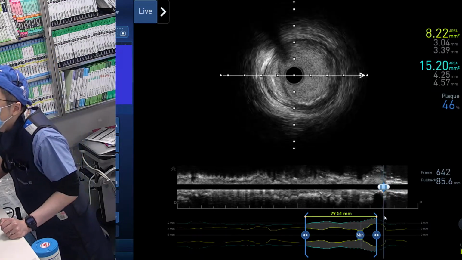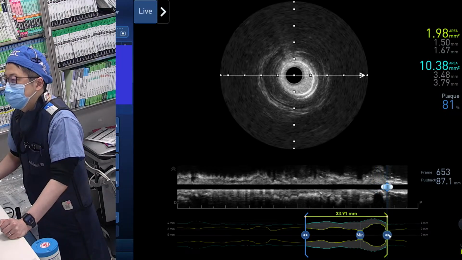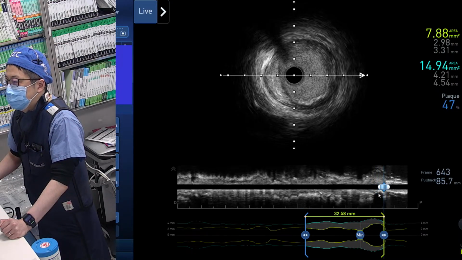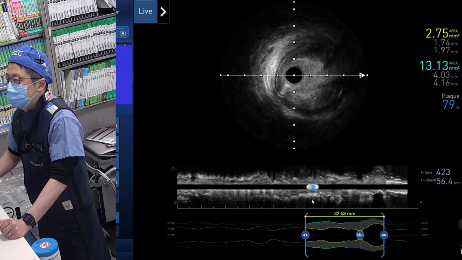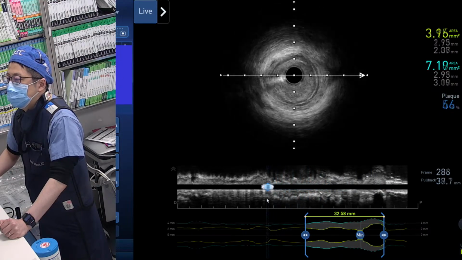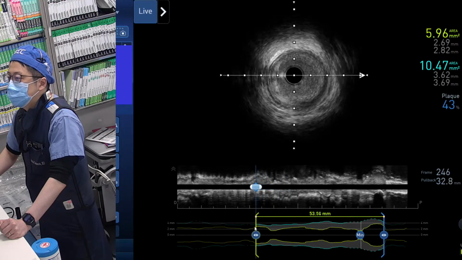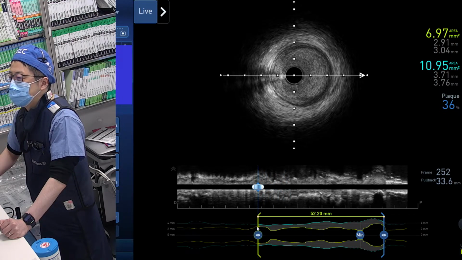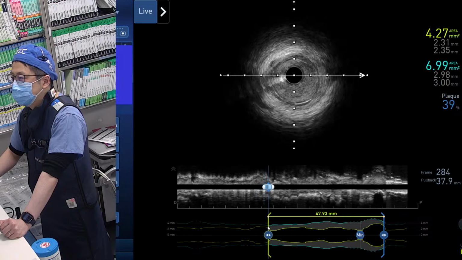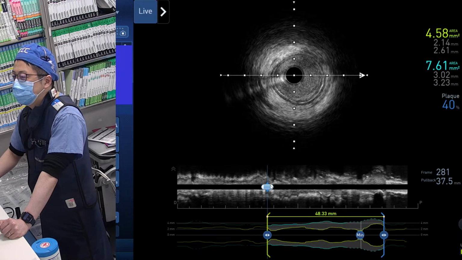What do you have in your fancy stuff? I would still think a 48 from proximal to mid is what we cover. The ostial RCA to the mid, like a normal landing zone, it's going to be 50, or like 48.3 millimeter.